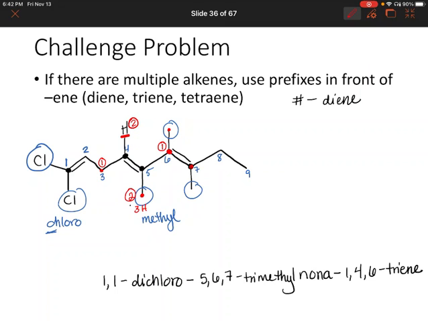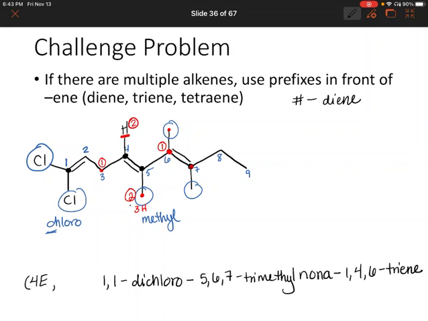All right, so are the higher priority groups on the same side of the double bond, or are they on opposite sides? Opposite sides. So that would be an E designation. So what we would write in parentheses at the front is 4E. That tells us that the double bond that starts at position 4 has an E configuration.